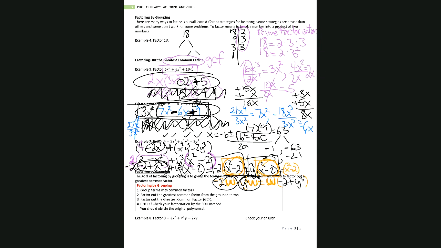So once we take that out of this whole thing, what do we have left? Negative 2. If we take x squared minus 2 from here, what do we have left? Positive y to the third. Just like we did here, but here I put a w, right? And that's it. Those are your factors.